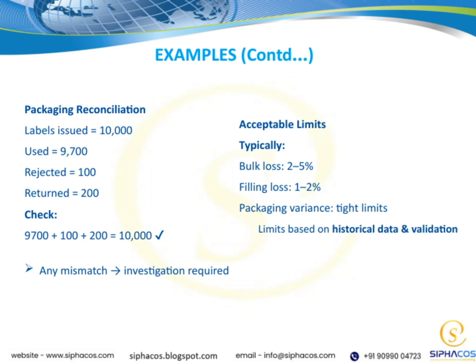Any mismatch in these figures, of course, signals that an investigation is needed to identify and address the issue promptly. This process helps us maintain accountability and ensures that our packaging processes remain accurate and reliable. And as we see in these examples, consistent reconciliation and understanding of these key metrics are essential for maintaining quality standards across our operations.